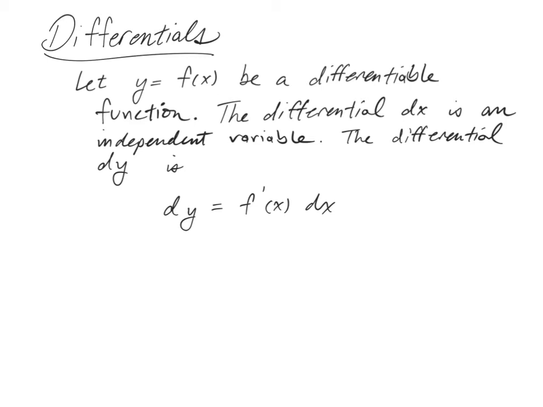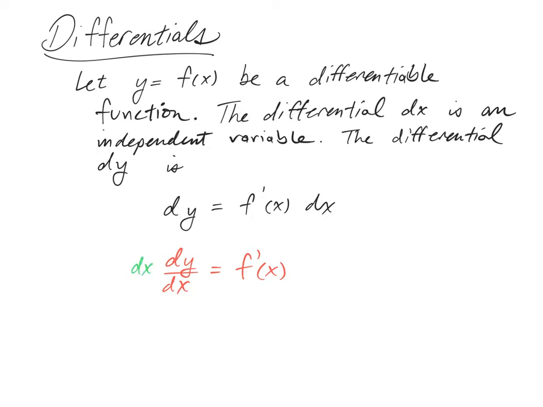And you might be looking at this and saying, wow, that looks really familiar to something that I've seen before. If you remember when I was going over the notations for derivatives, we had dy dx and f prime of x. So these are two different ways to represent the derivative. So if you find the derivative of y with respect to x, that's the same thing as finding f prime of x.